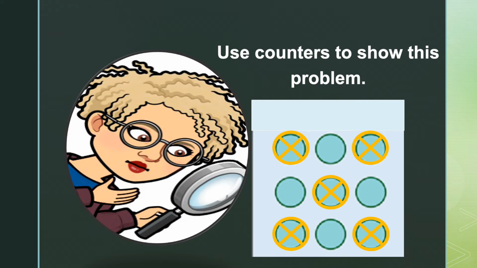We have to put 5 X's on 5 of those counters, or if we actually had the counters in front of us, we can take 5 of them away and put them in our pocket. Then our job is to count to find out how many are left.